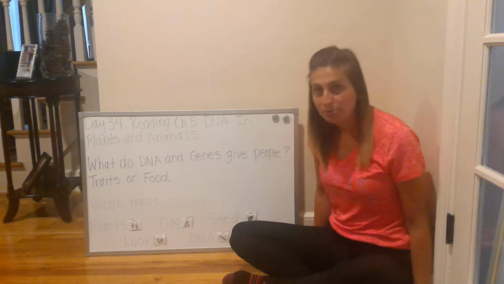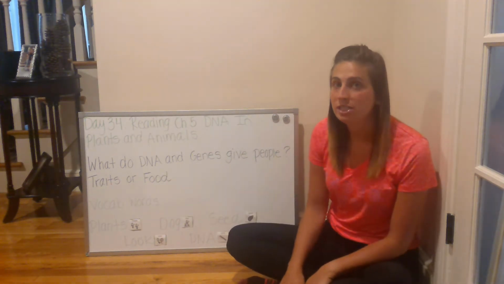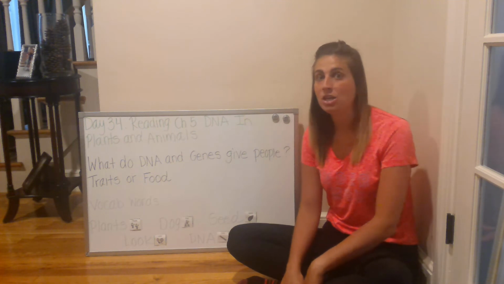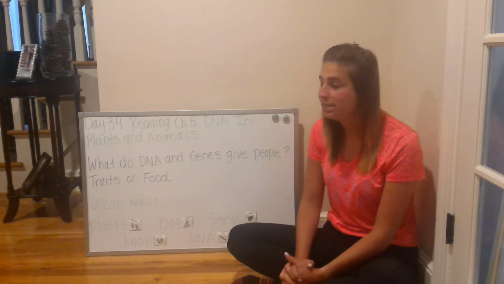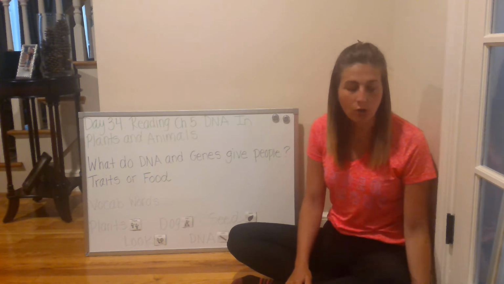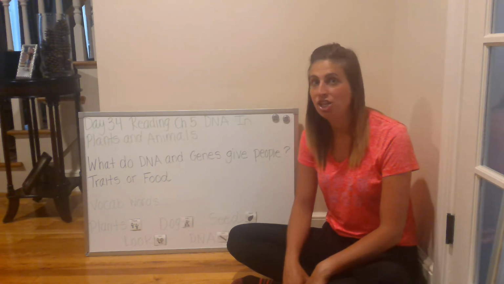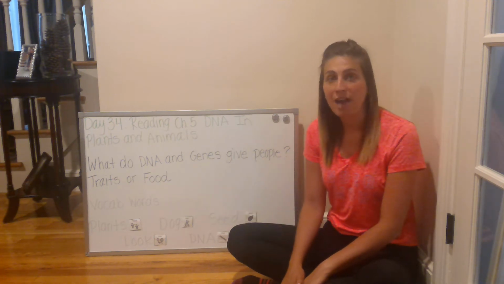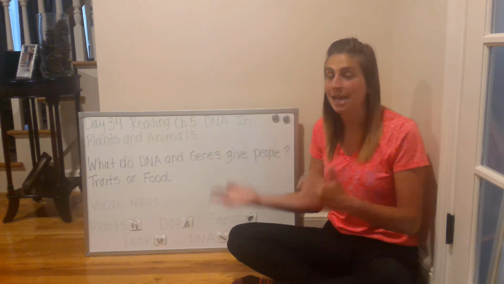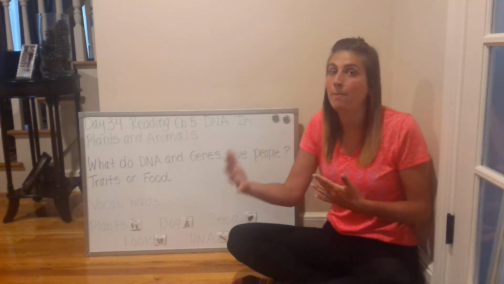Yesterday we read Chapter 4, and it talked about different types of traits or talents that you could inherit from your parents or your grandparents. We noticed that Josh and his dad share the same trait or talent because they're able to throw fastballs, and Josh's dad and grandfather were pitchers.